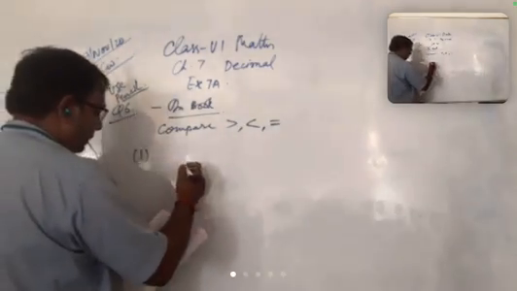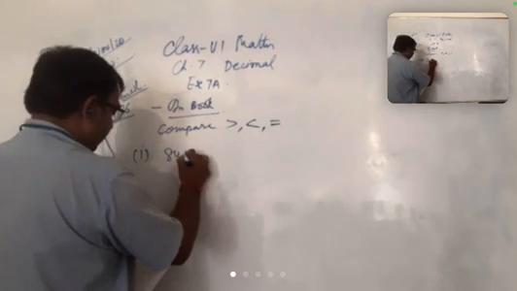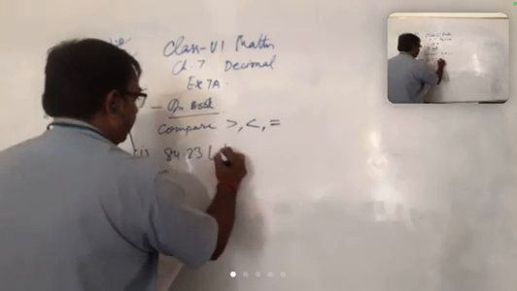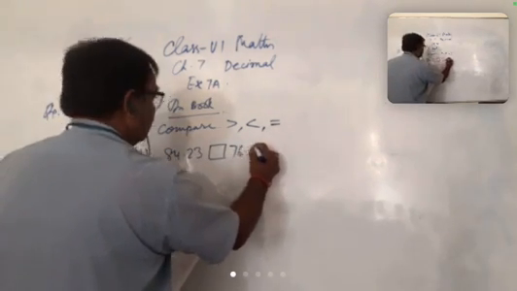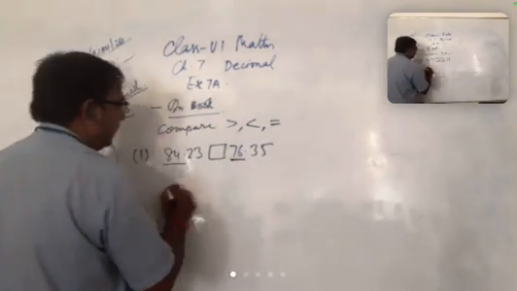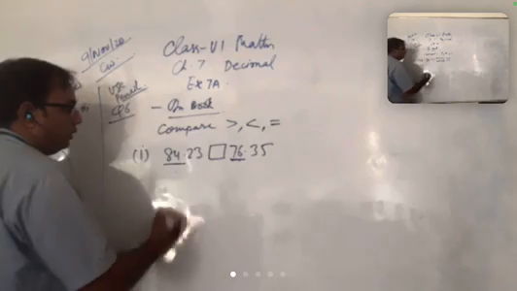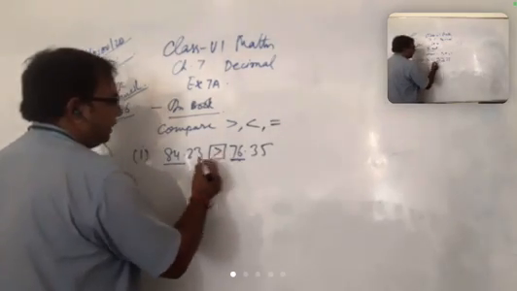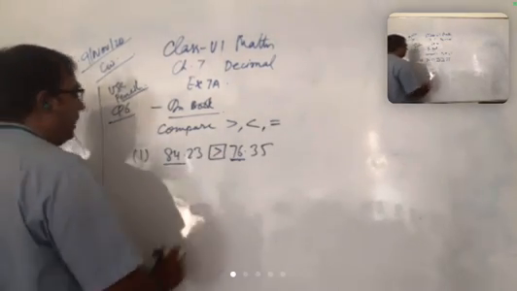So the question number 6, its first question is 84.23 and 76.35. We consider the whole number in this question. This is 84 and this is 76. So we know that 84 is greater, so we put the mark like this.